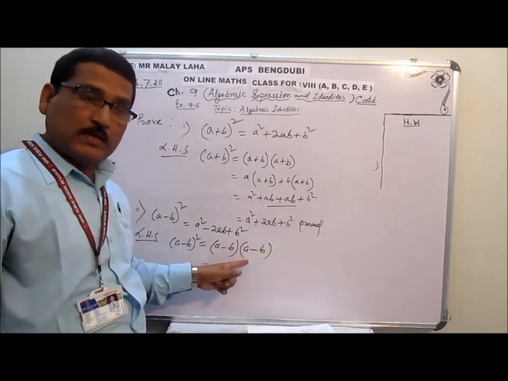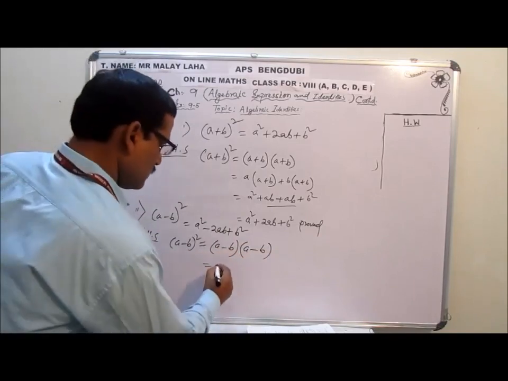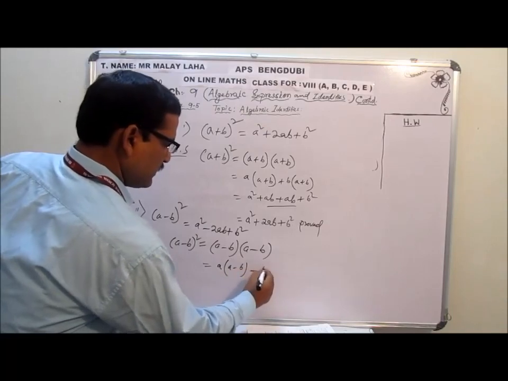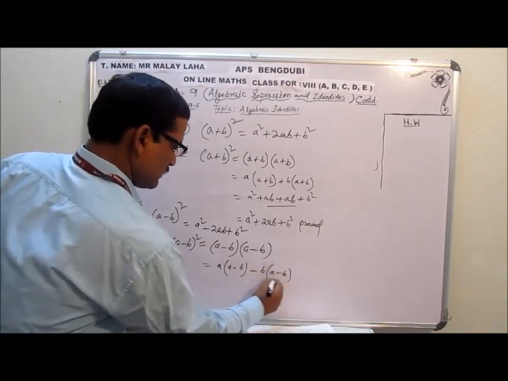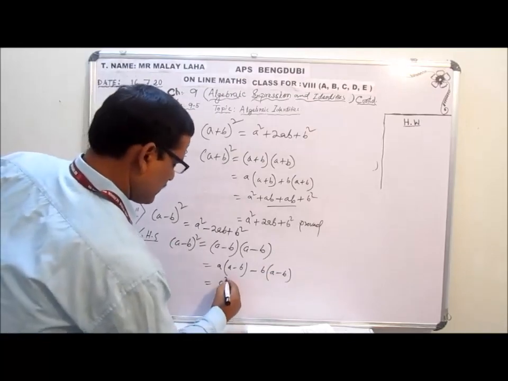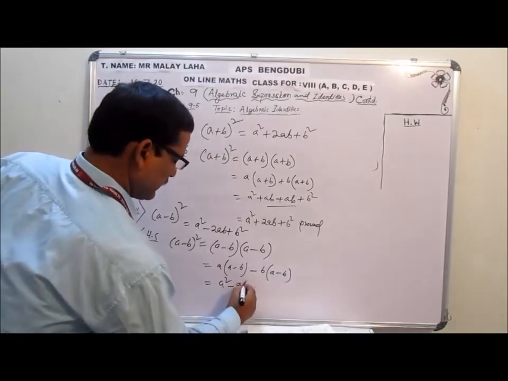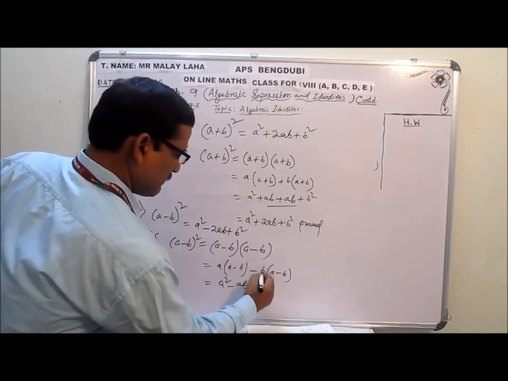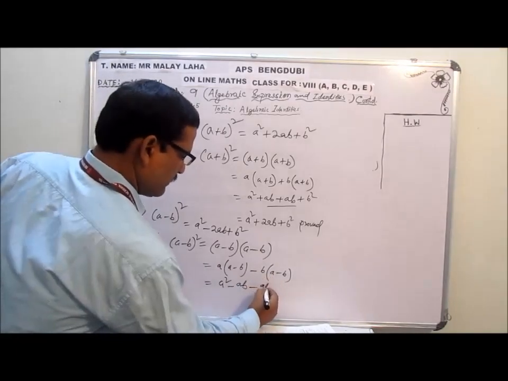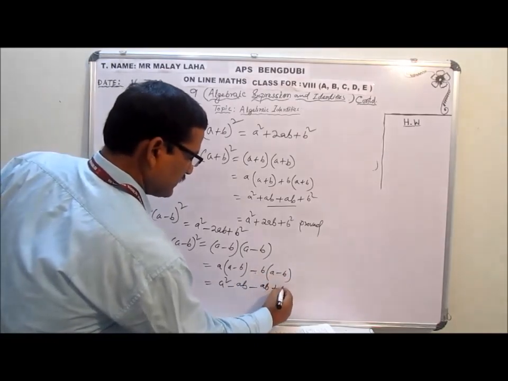We have to fix one and split the other one. So a (a minus b) minus b (a minus b). When you multiply by a, it is coming a square minus ab, minus b times a, ab or ba, both are the same. I will write down ab, minus minus plus b square.